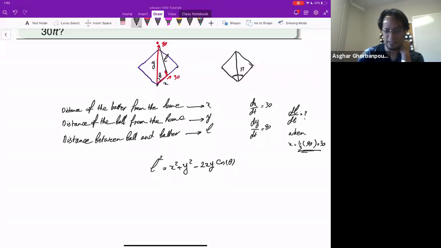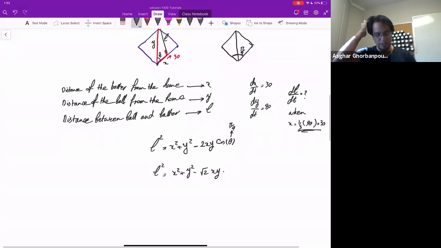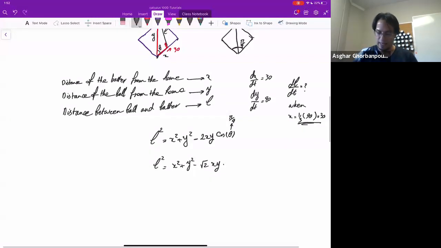That means that theta here is pi over 4, and cosine of pi over 4 is root 2 over 2. So L squared is equal to x squared plus y squared minus root 2 over 2 times 2xy. I can cancel those 2's, and it will be root 2 xy. Okay, very nice.